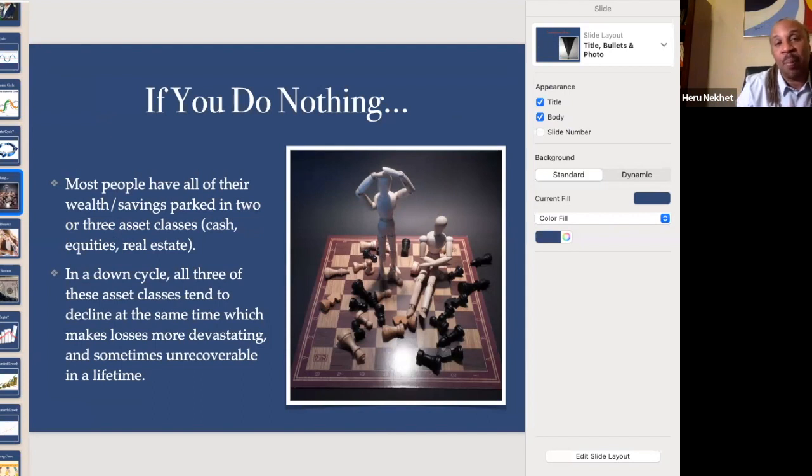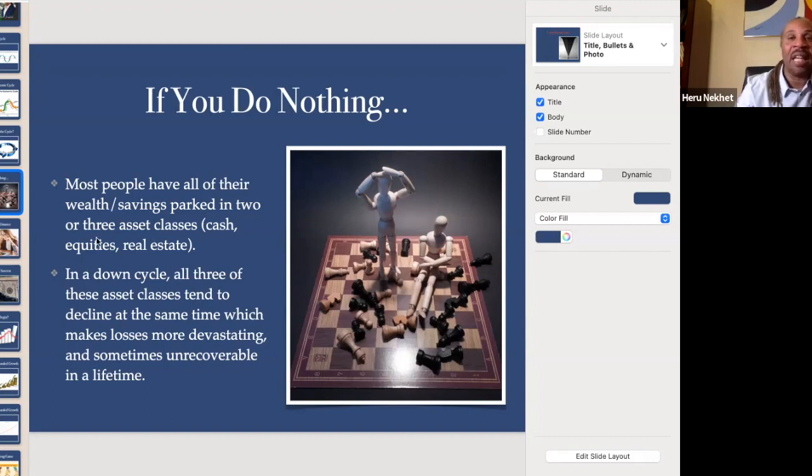And you probably put your money in the places that seemed to be making a lot of money at the time. So most people have their money in 3 places, right? They have it in cash, equities, or real estate. So what does that mean? Cash, some form of savings. Equities are stocks, right?